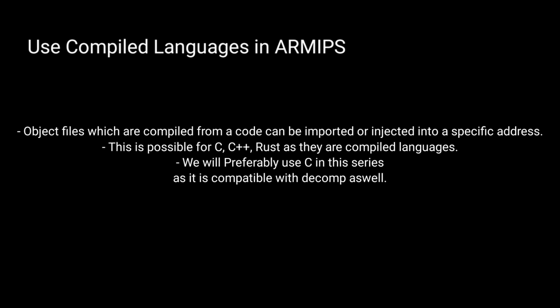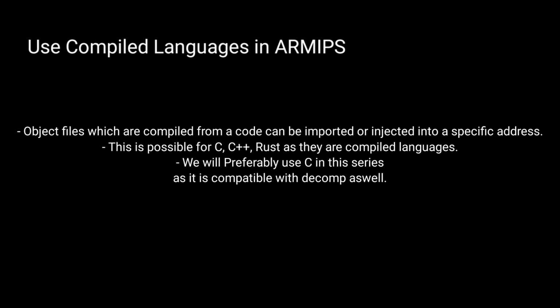Now let's learn about how we can use compiled languages with ARMIPS for binary. Object files which are compiled from code can be imported or injected into a specific address. This is possible for C, C++, Rust, etc., as they are compiled languages.